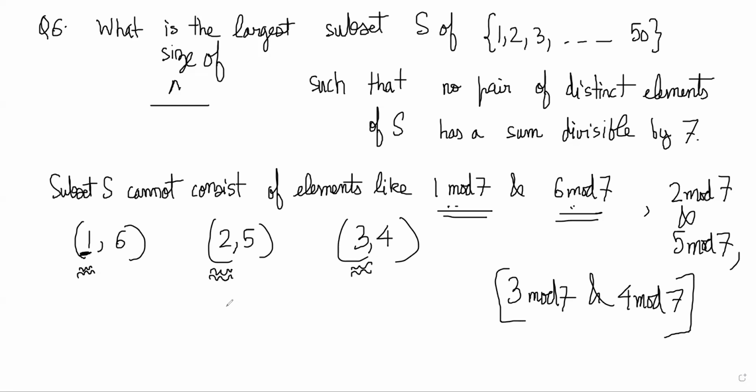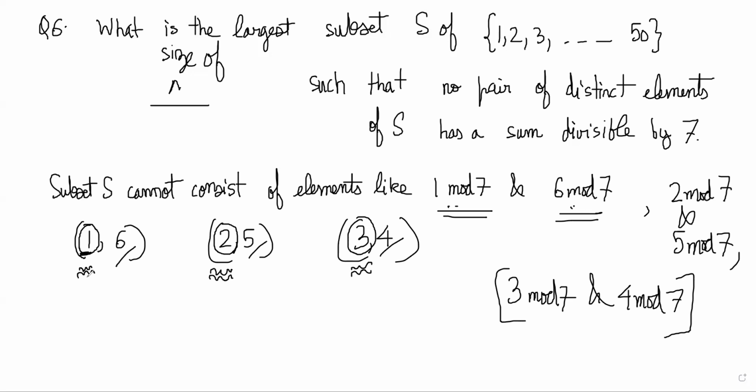So basically, if you select all the possible elements 1 mod 7, all the possible elements 2 mod 7 and 3 mod 7 without selecting the 6 and the 5 and the 4, you will never get a pair that will add up to 0 mod 7, right?